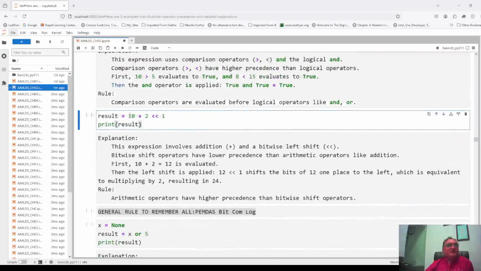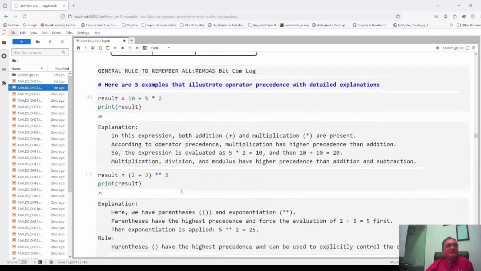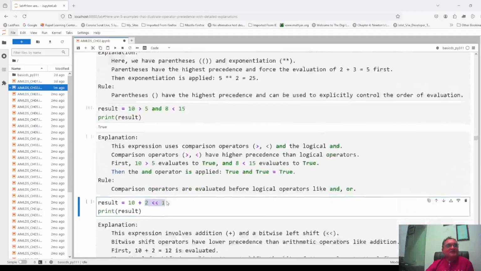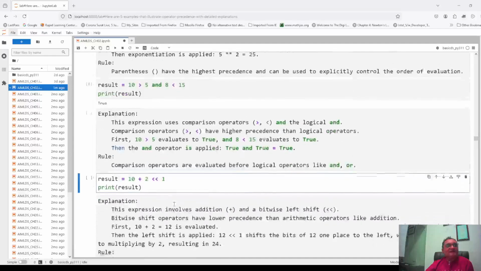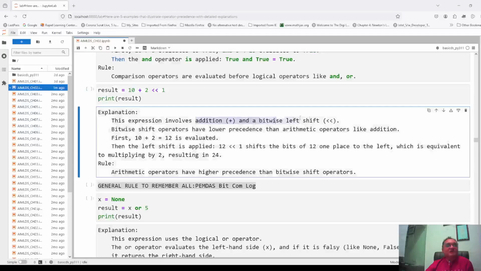Now here, 10 plus 2 is followed by a bitwise left shift of 1. Bitwise operators normally have the lowest precedence, but at least they are lower than addition and subtraction. So first 10 plus 2 will be done, and then the whole thing will be subjected to the left shift by 1. This expression involves addition and bitwise left shift. Bitwise operators have lower precedence than addition, so first 10 plus 2 becomes 12.